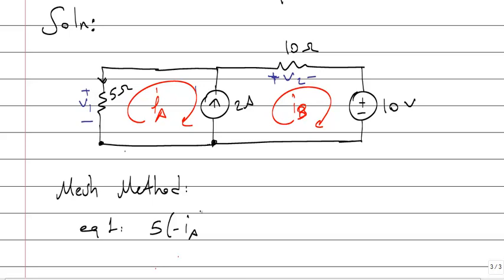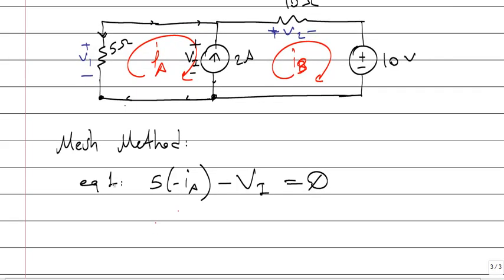And then continue. Let me define some voltage, VI. So there is a voltage drop, VI. I have returned to the same point, so the summation is 0.